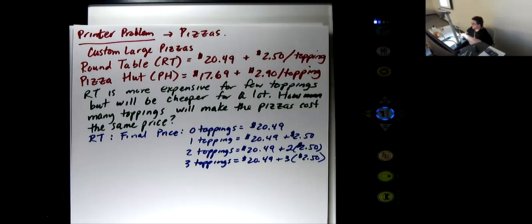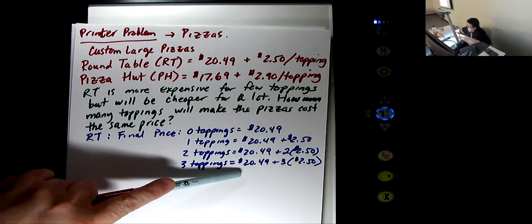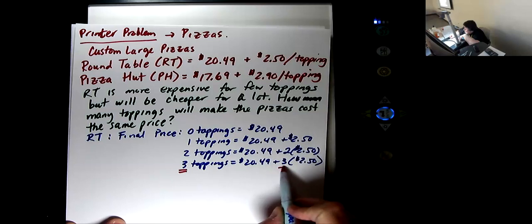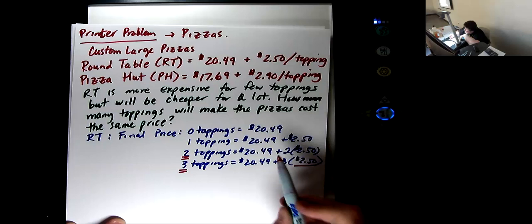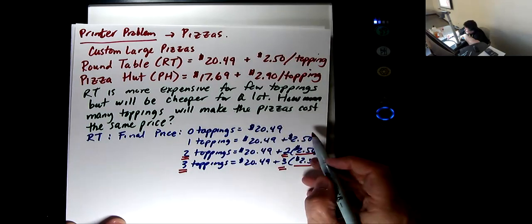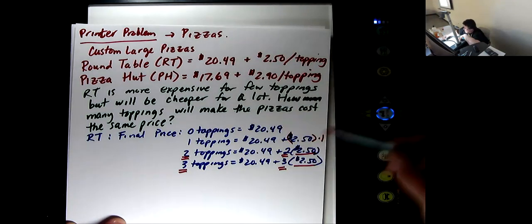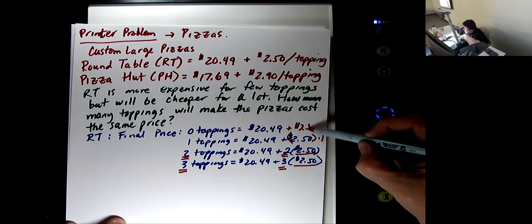And at this point, a pattern starts to emerge. The $20.49 is there every single time. And it looks like however many toppings we have is multiplied by $2.50. This is effectively $2.50 times 1. And if I backfill it, $2.50 times 0.